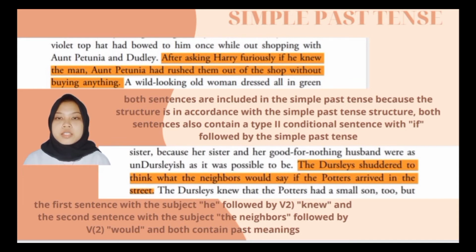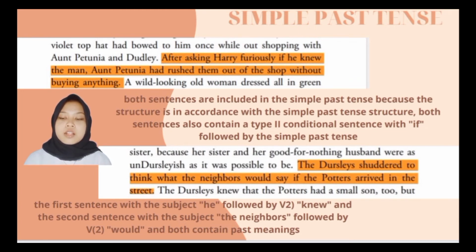And the second tense is: The Dursleys shuddered to think what the neighbors would say if the Potters arrived in the street. Both sentences are included in the simple past tense because the structure is in accordance with the simple past tense structure.